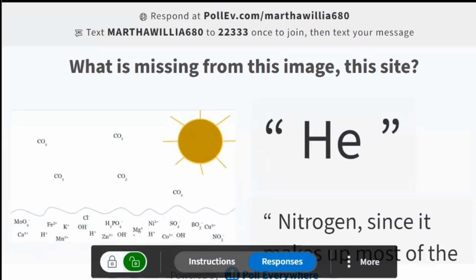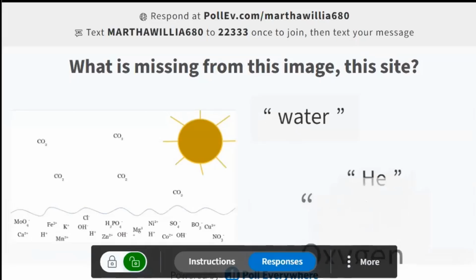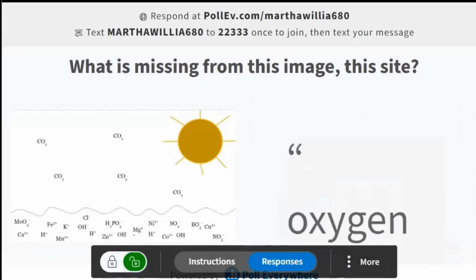Helium. It's not one that's really necessary for a plant. Well, the water would be the blue, as well as water breaking apart into hydroxide and hydrogen.